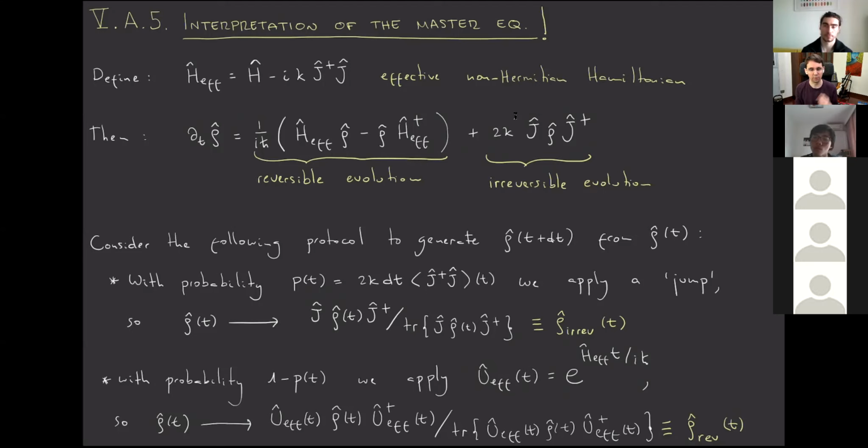Okay? So now you understand why this operator is called quantum jump operator, because this part of the evolution, the one that determines this kind of process, is equivalent to applying something that is irreversible to the state, and we call that a quantum jump.